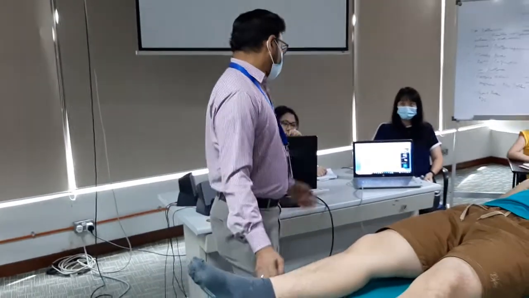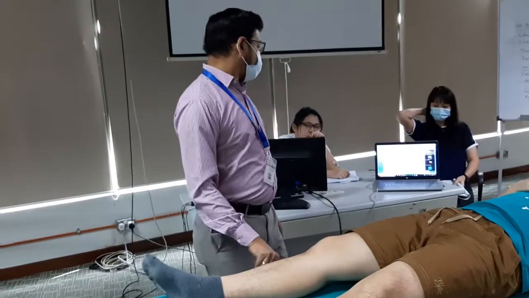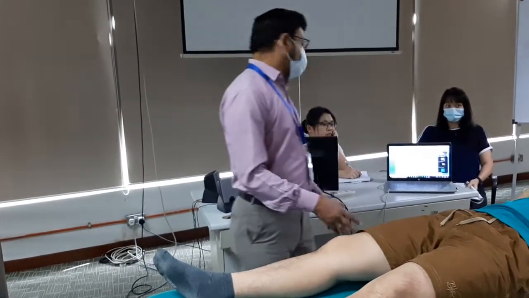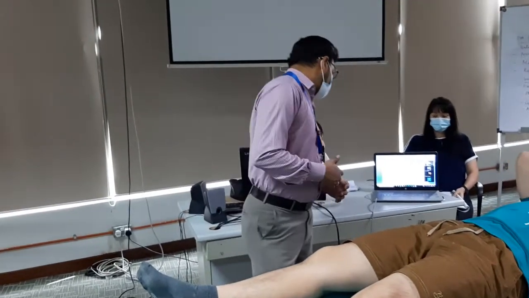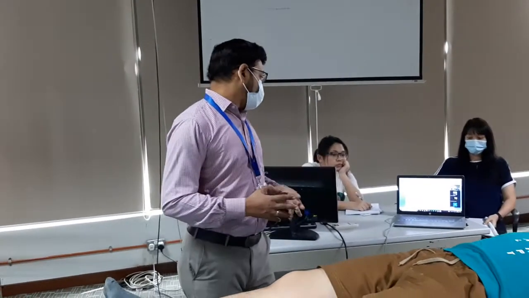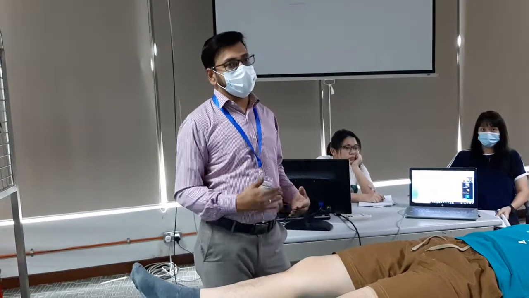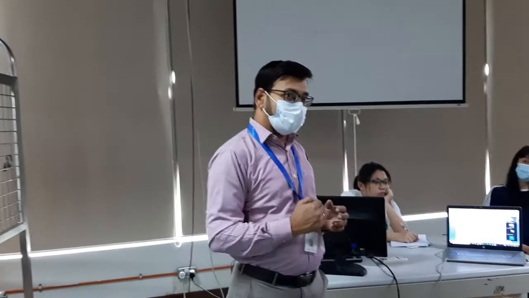Okay. So like that, 1 plus is a slight increase in the muscle tone manifested by a catch followed by minimal resistance throughout the remainder of the range of motion, right? And 2 is a more marked increase in the muscle tone through most of the range of motion. Everything you have to tell and you have to demonstrate.